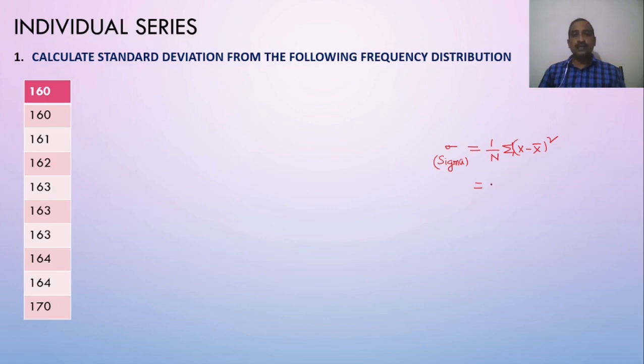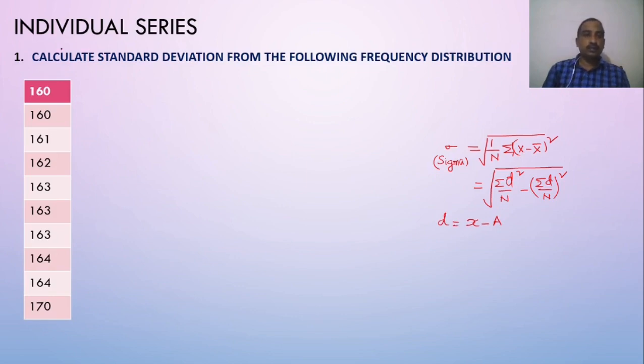Just use the deviation method: the square root of summation d square by n minus summation d by n whole square. Here d is the deviation; each observation is deviated from the assumed mean, so d equals xi minus a.